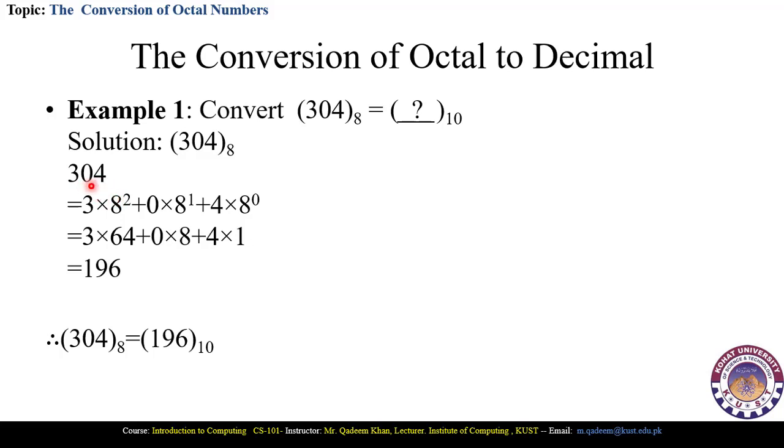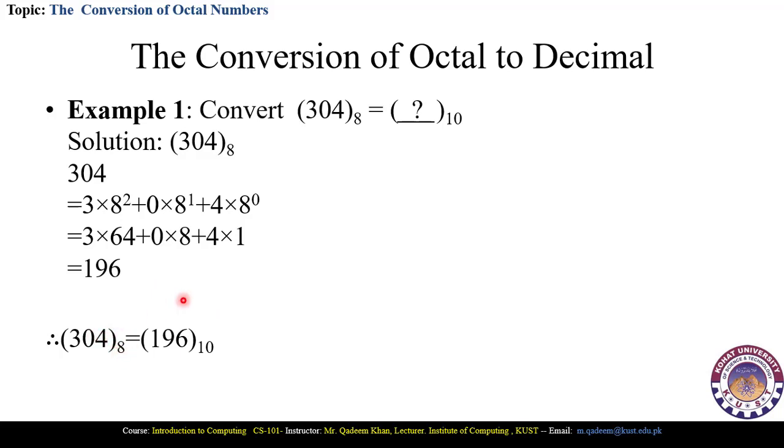Then for the next digit, 2 minus 1 is equal to 1, and then 1 minus 1 is equal to 0. So when we resolve this expression, we get 196. So 196 is the decimal equivalent of the octal number 304 to the base 8.